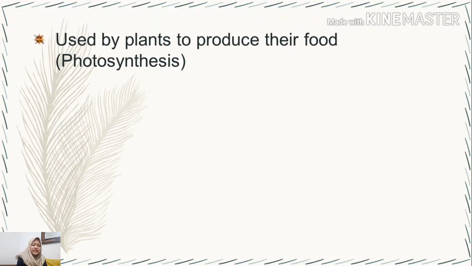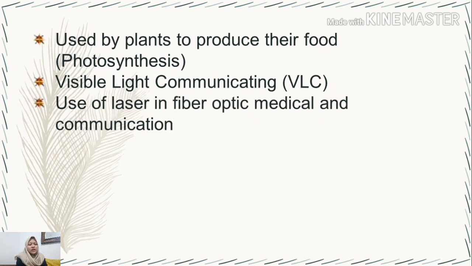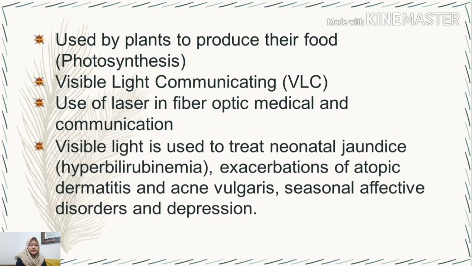Visible light is used by plants to produce their food, or photosynthesis. Visible light communication, or VLC, is used for laser in fiber optic, medical, and communication. And visible light is used to treat neonatal jaundice or hyperbilirubinemia.